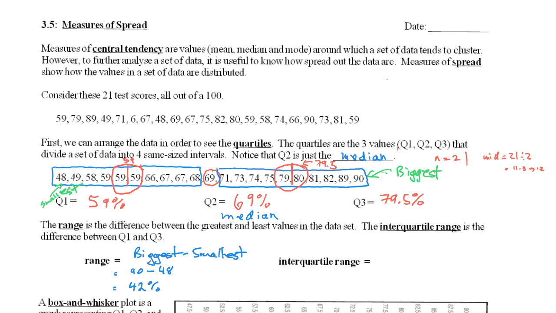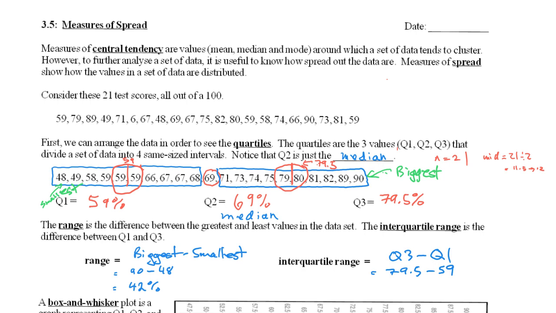So Q3 on our sheet is always the bigger number. So we're going to go Q3 minus Q1 for the interquartile range. And all we're going to do is punch in those numbers. So we're going to get 79.5 minus 59. So remember the two medians of each top and bottom half. That's what we're doing.